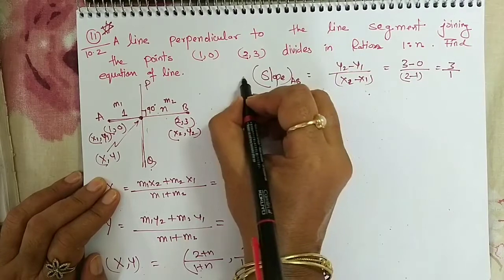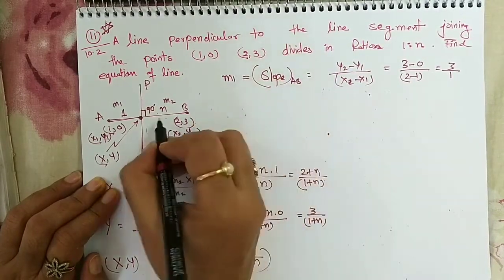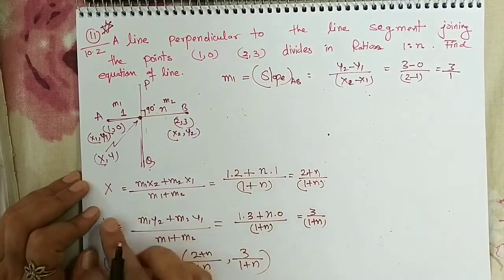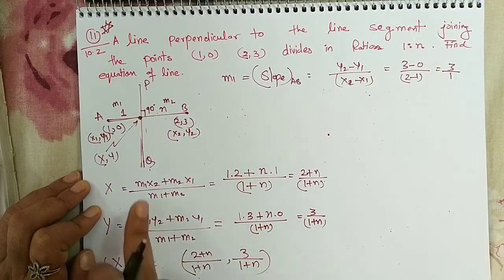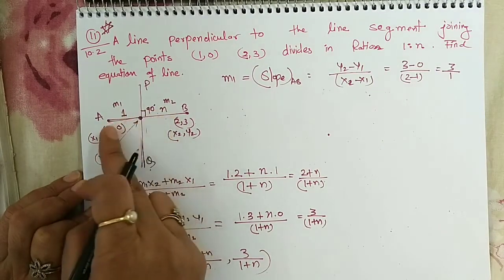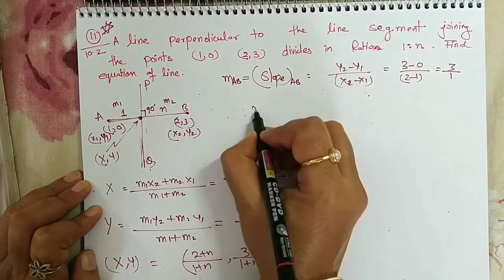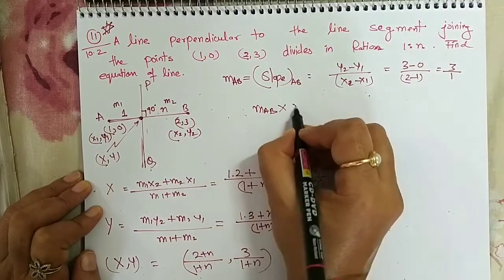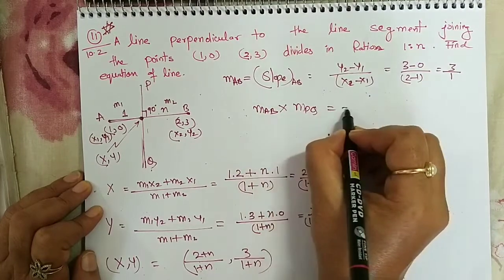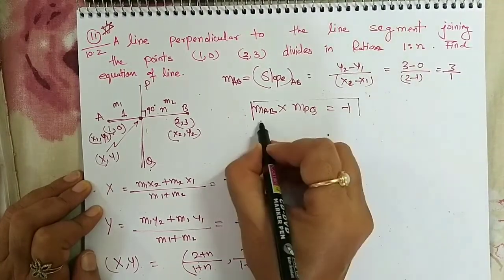Suppose this slope is m1. Don't get confused with this m1 and m2, because these are the ratios, or let me call it MAB. So MAB into MPQ should be minus 1. By which law?